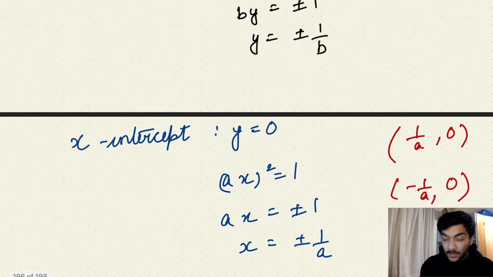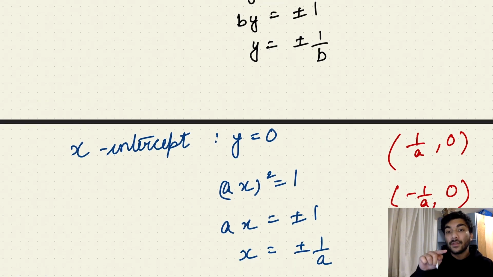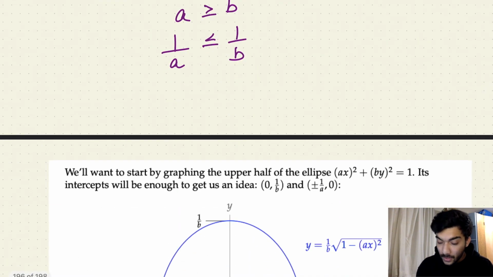This gives us an indication that the x-axis would be our minor axis and the y-axis would be our major axis in this case of the ellipse, right?